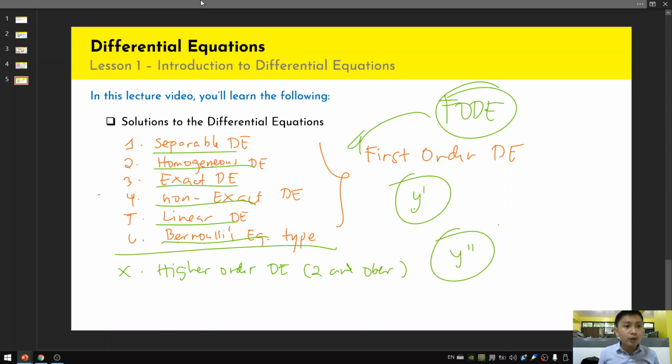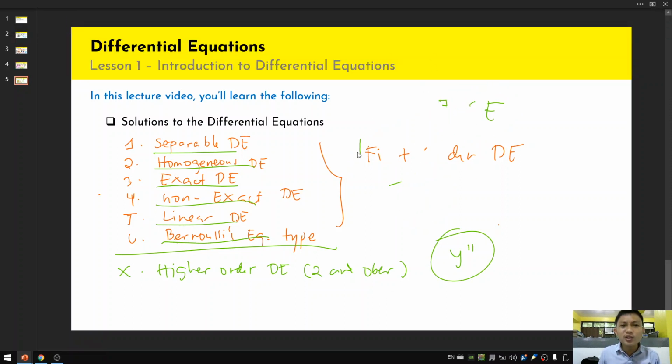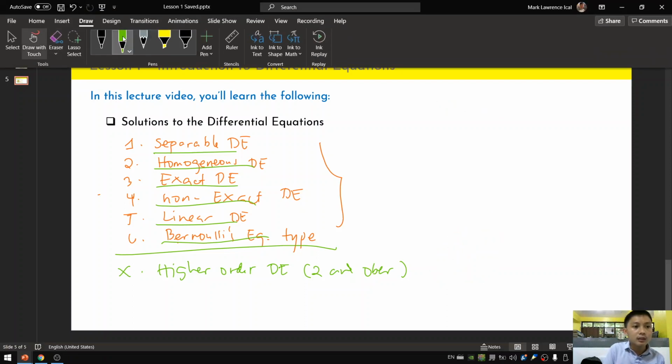Now, I don't have to worry about the complexity. When I say complexity, sir, mahirap po ba? The reality is, magiging mahirap ang DE kapag hindi maganda ang foundation mo sa algebra and sa differential calculus and integral calculus.